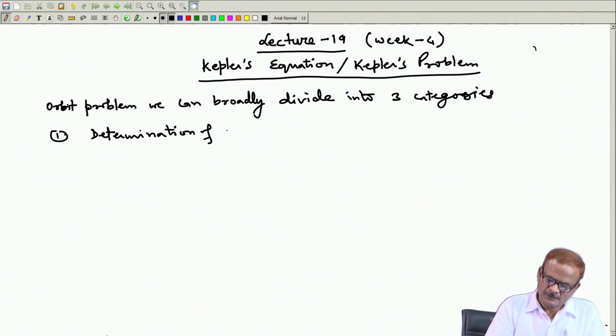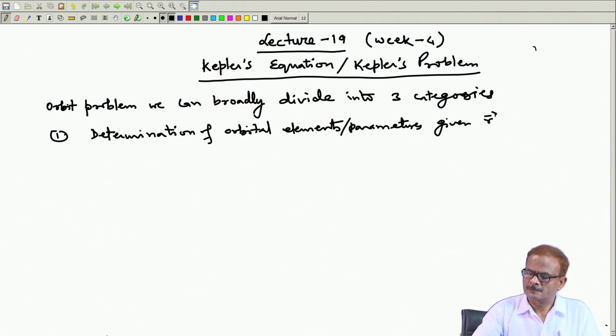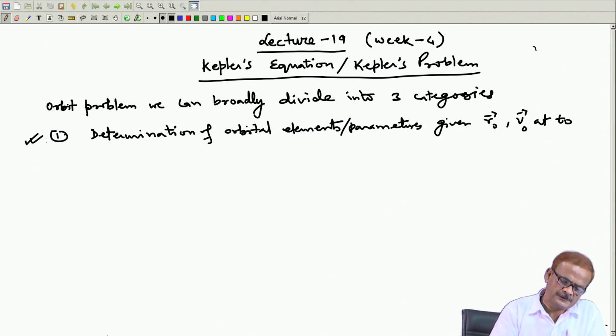The first is determination of orbital elements or orbital parameters, given r0, v0 at t0. This is one of the problems, and it is already done.